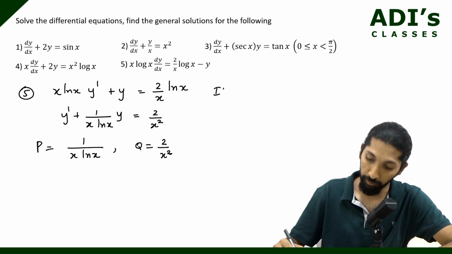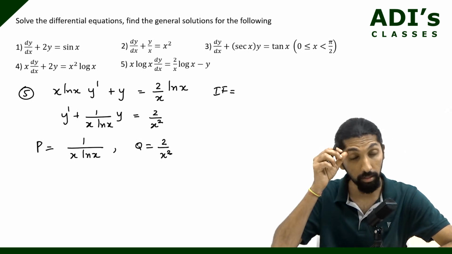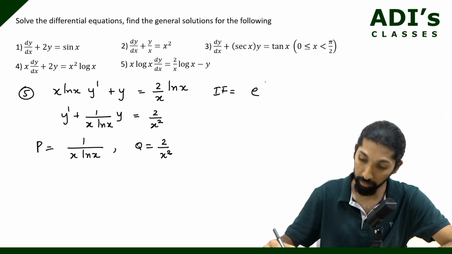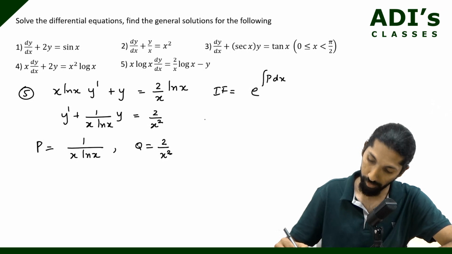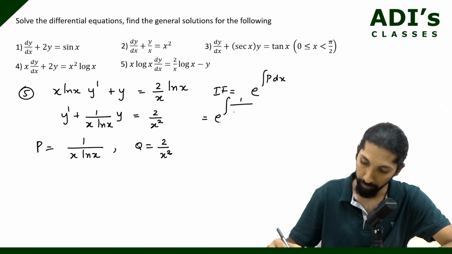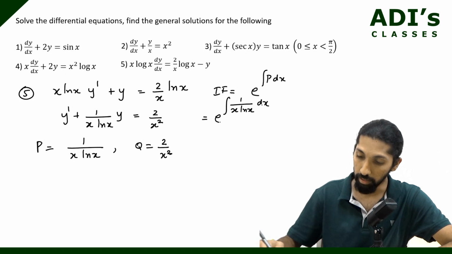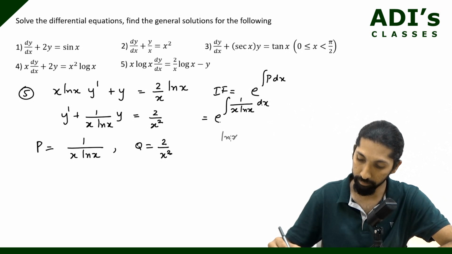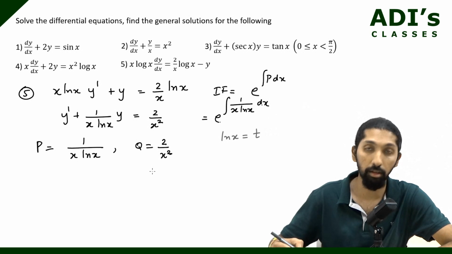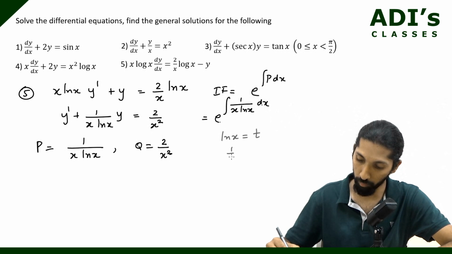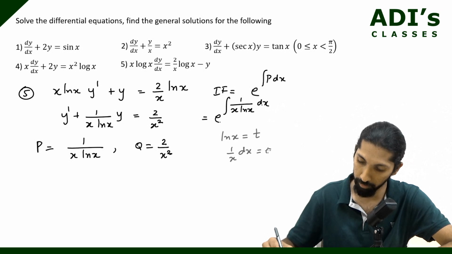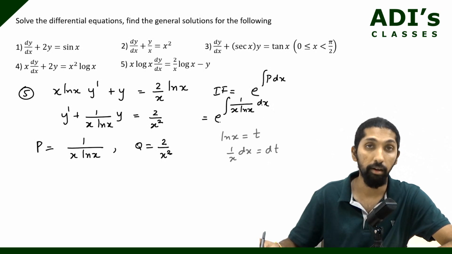Now the integrating factor. So the integrating factor is going to be e to the power integral of p dx, e to the power integral of 1 by x log x dx. Now in this case what we do is take log of x as t. So 1 by x dx is going to become dt, right?